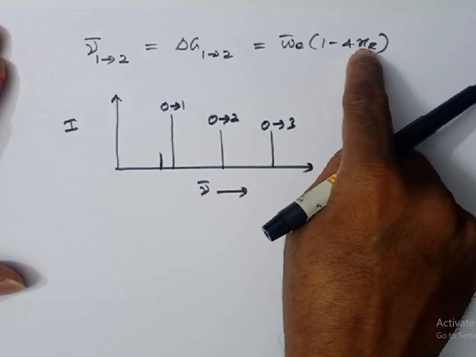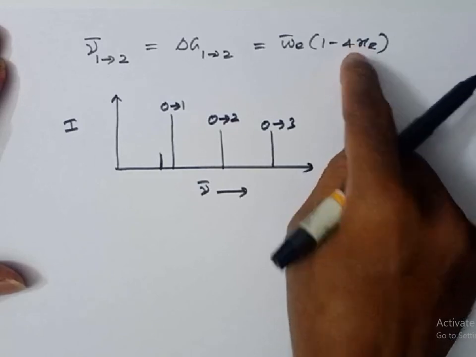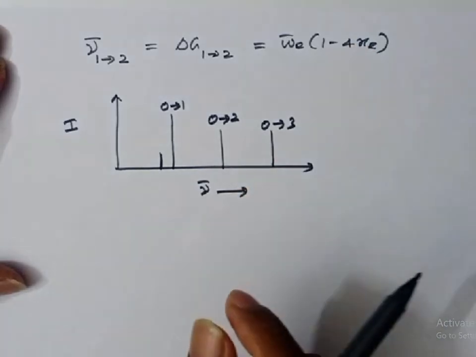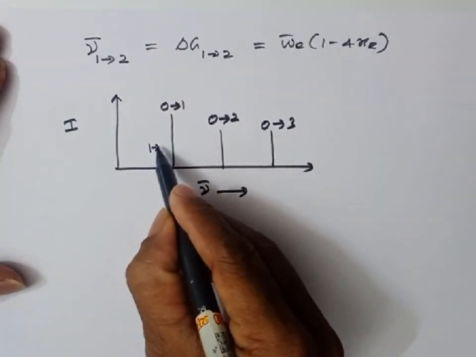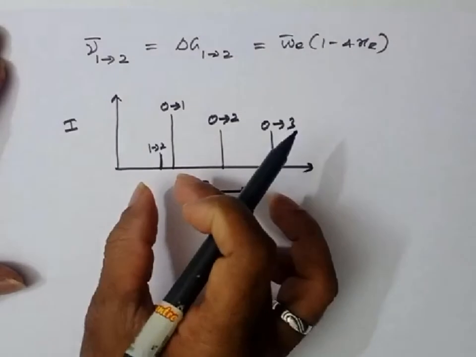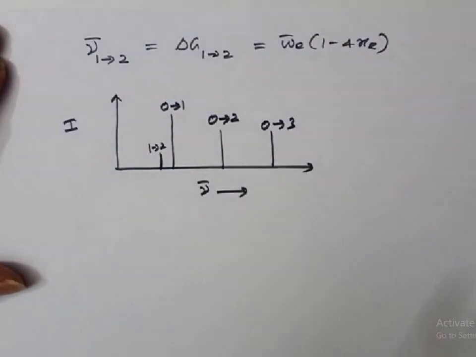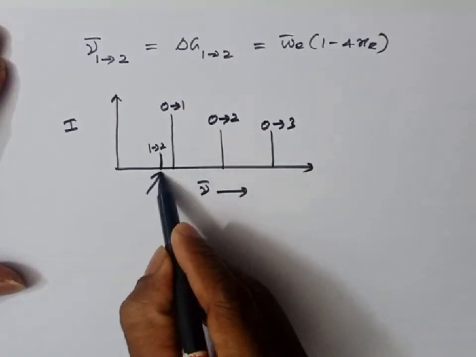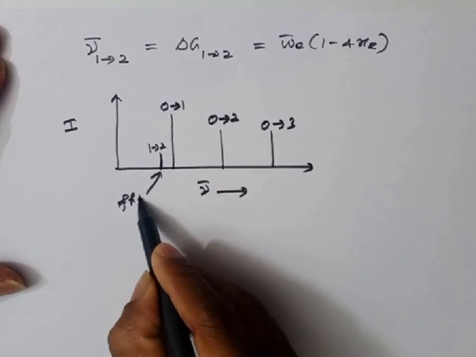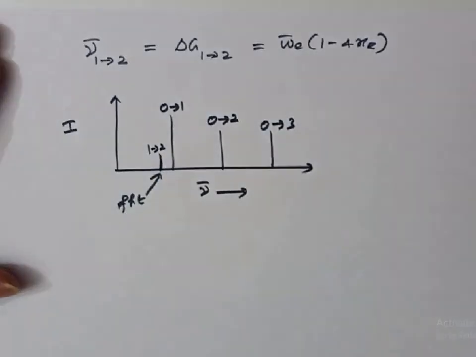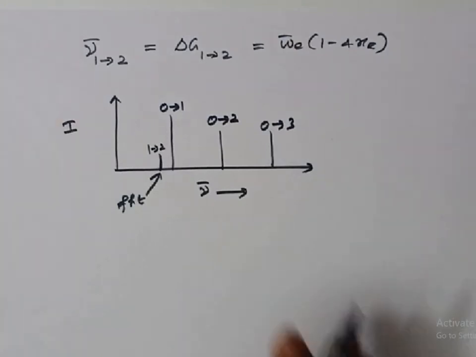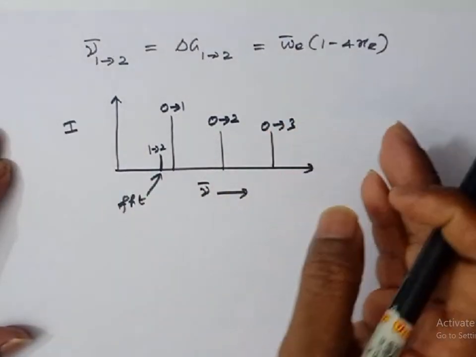Anyway, Xe is a very small quantity, so for 2 Xe and 4 Xe the difference is very, very small. Therefore, the fundamental vibrational transition and the first hot transition will appear very closely. But the first hot transition will appear before the fundamental vibrational transition. So this is how the lines will appear in the spectrum.